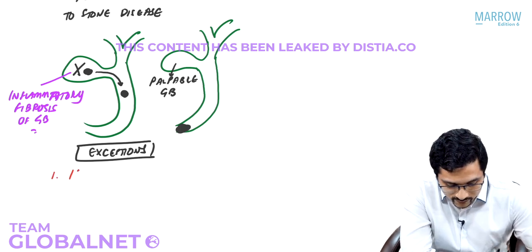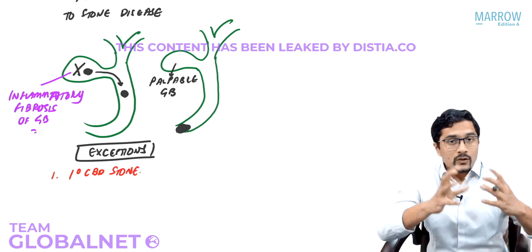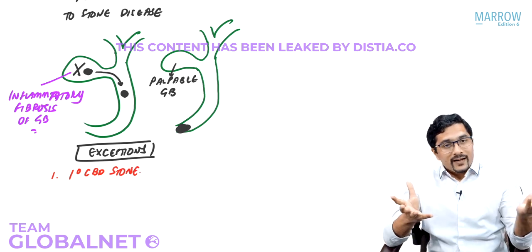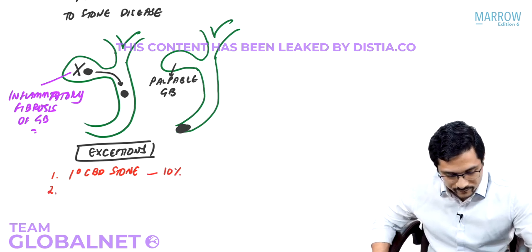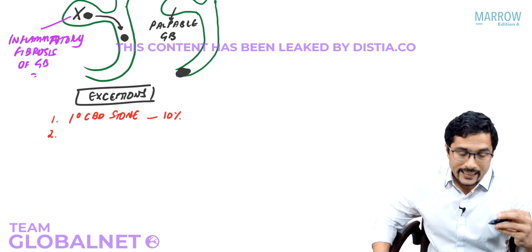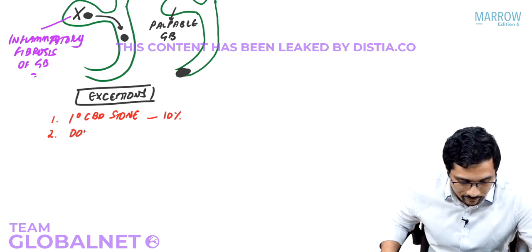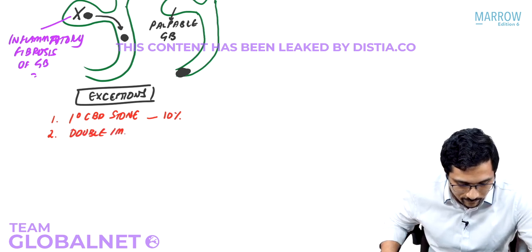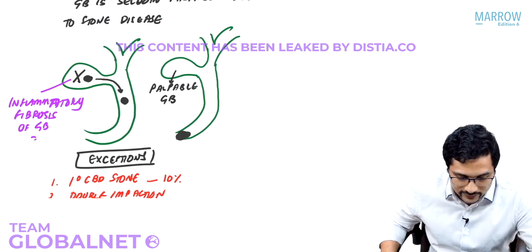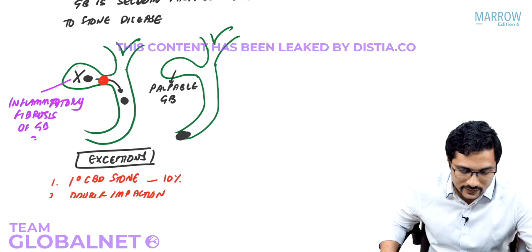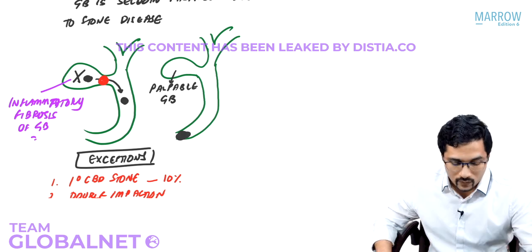Number one, if there is primary CBD stone, then there will be no inflammatory fibrosis of the gallbladder, right? And I've told you primary CBD stone is 10%. Second is double impaction. Double impaction means you have one stone blocking here, which gives rise to a mucocele of the gallbladder.